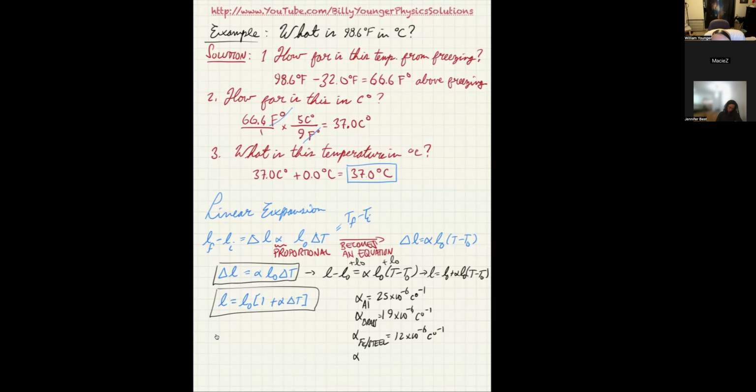And then L for concrete has a coefficient of linear expansion that's also 12 times 10 to the negative 6 reciprocal Celsius degrees.